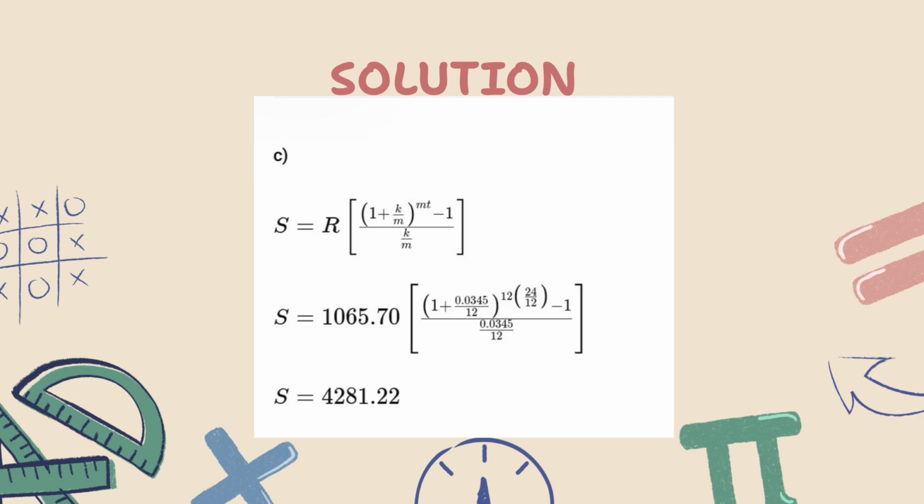The solution is S equals 1065.7 times ((1 plus 0.0345 per 12) to the power 4 minus 1) per (0.0345 per 12).